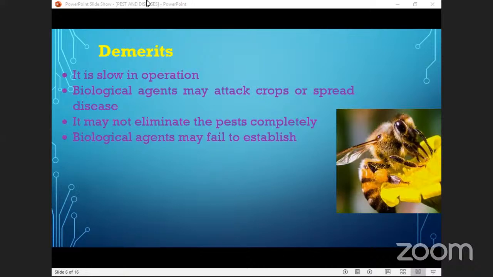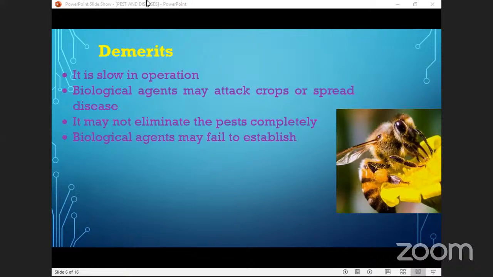Reason being, not all predators have prey in the garden. Some predators feed on a specific type of prey compared to others, meaning that the pest population will not be eliminated completely.